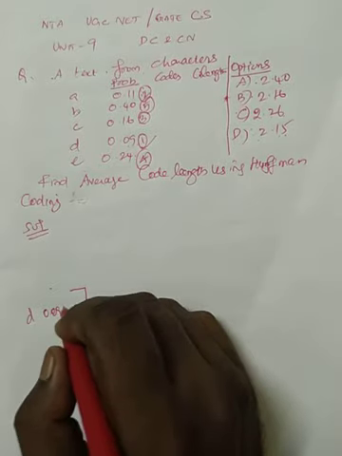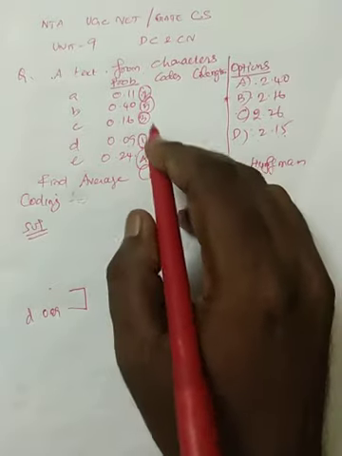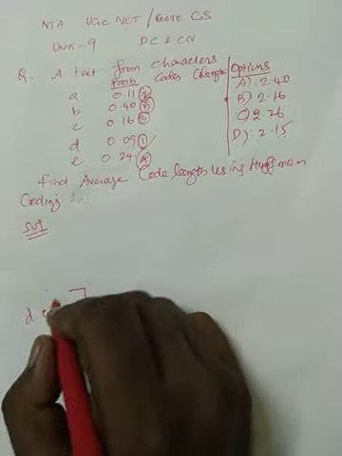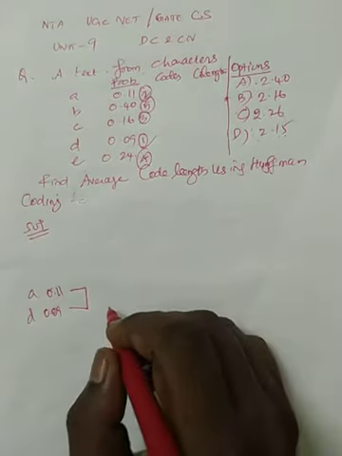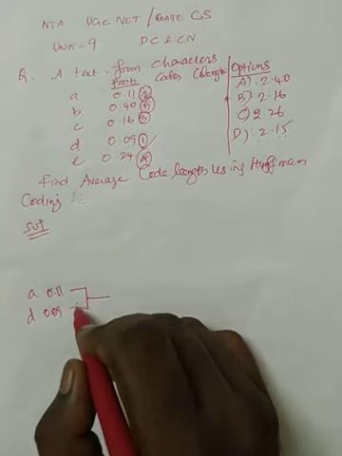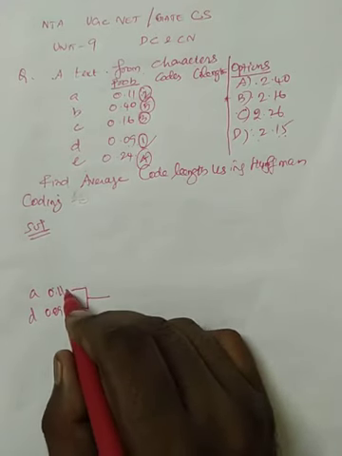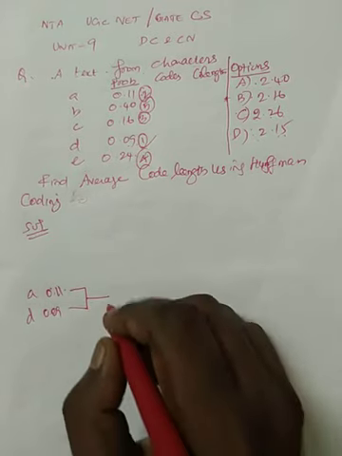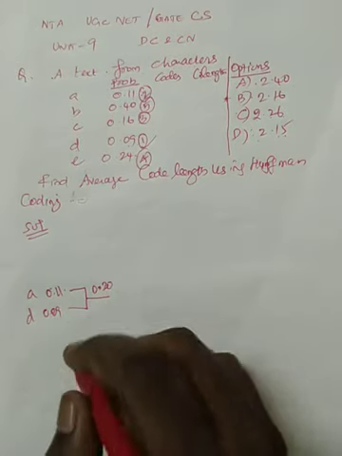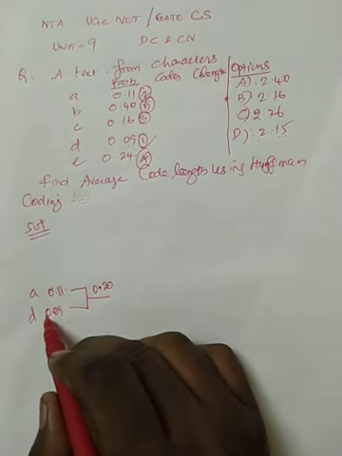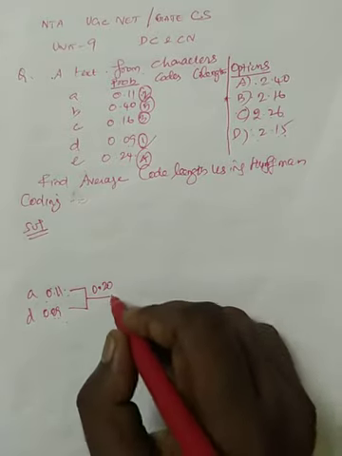Now the next least is 0.11, and the corresponding character is A. Now you want to combine these two probabilities by summing: 0.11 plus 0.09 is 0.20.